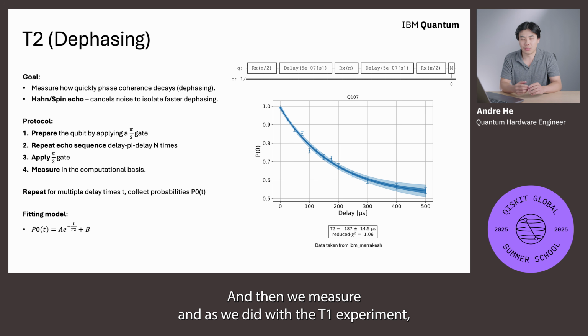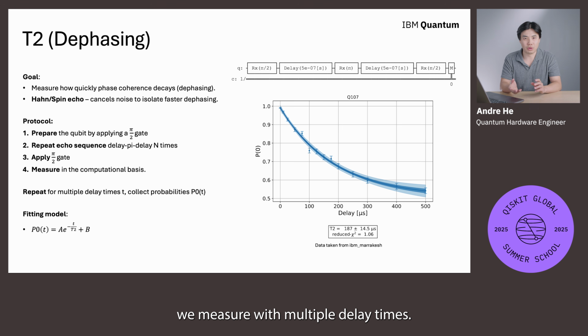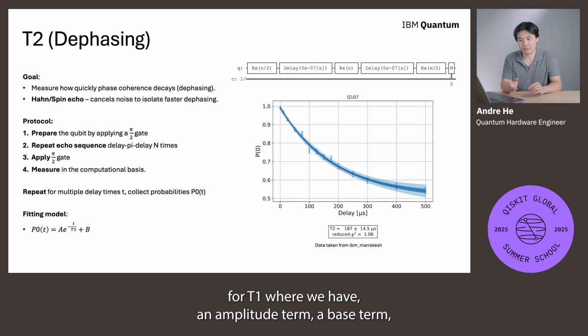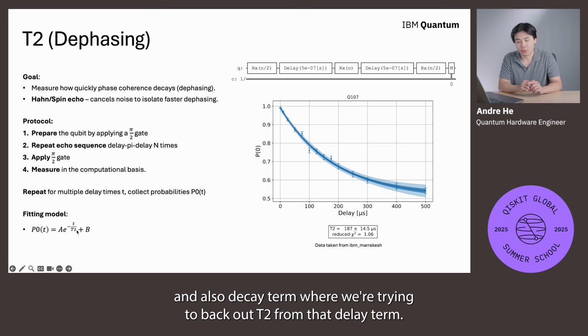And as we did with the T1 experiment, we measure with multiple delay times, and we collect probabilities P0 of t. The model that we fit is very similar to the one that we do for T1, where we have an amplitude term, a base term, and also a decay term, where we're trying to back out T2 from that delay term.